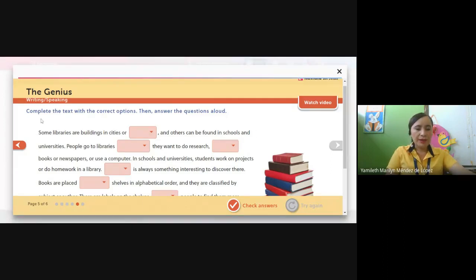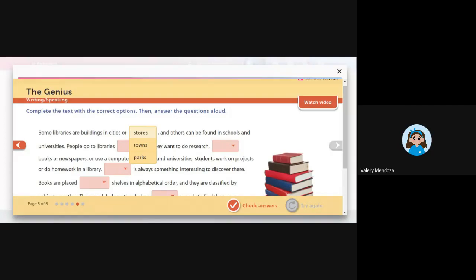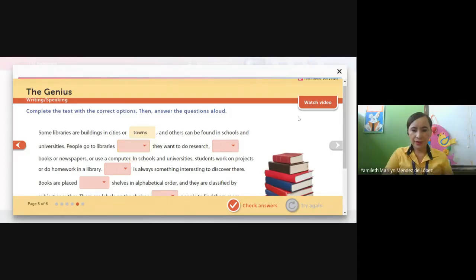Let me see. Some libraries are buildings in cities, towns, or parks. And others can be found in schools and universities. People go to libraries because, but, or so.